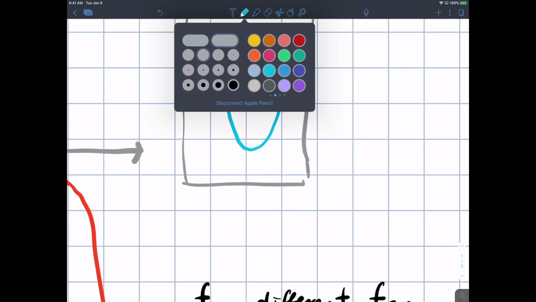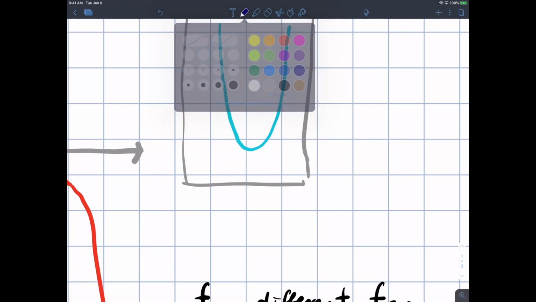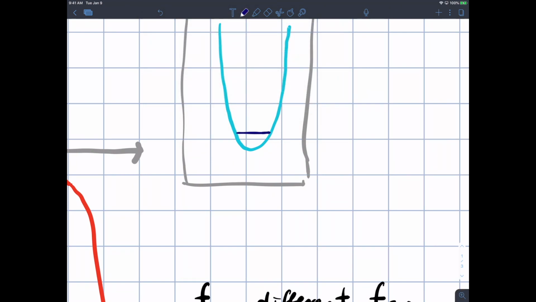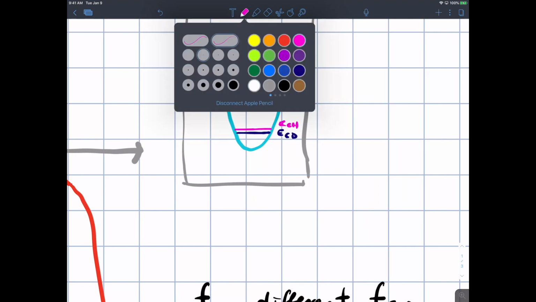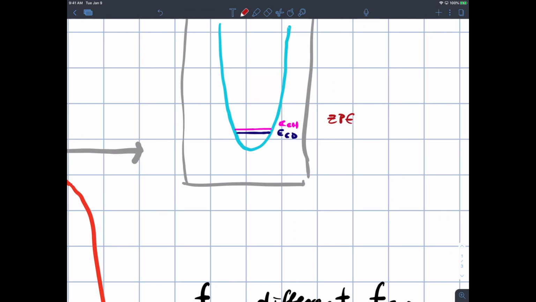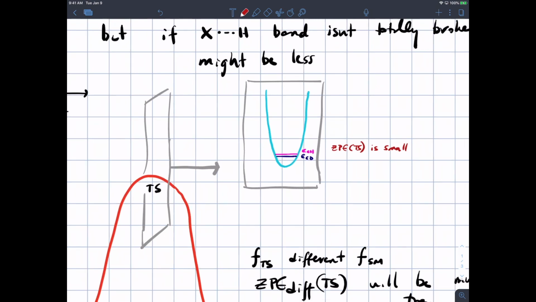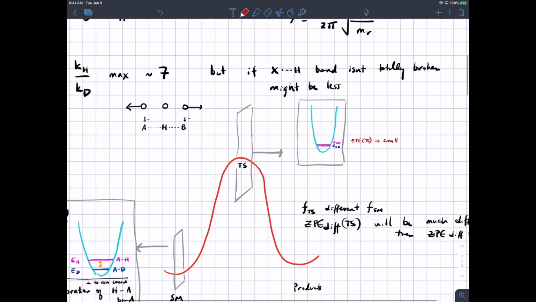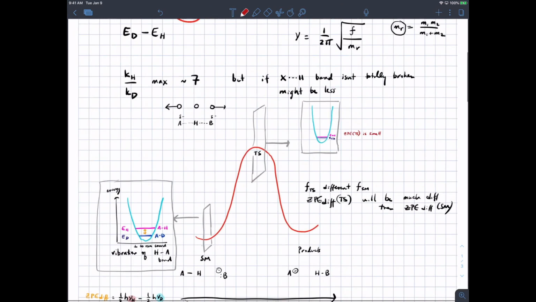And because this vibration doesn't involve a lot of motion of the proton or the deuterium, here is where the zero-point energy for the deuterium is, and here is where the zero-point energy for the proton is. And our zero-point energy difference in our transition state is small. Okay? Let's see what that does for our reaction and our reaction rates.